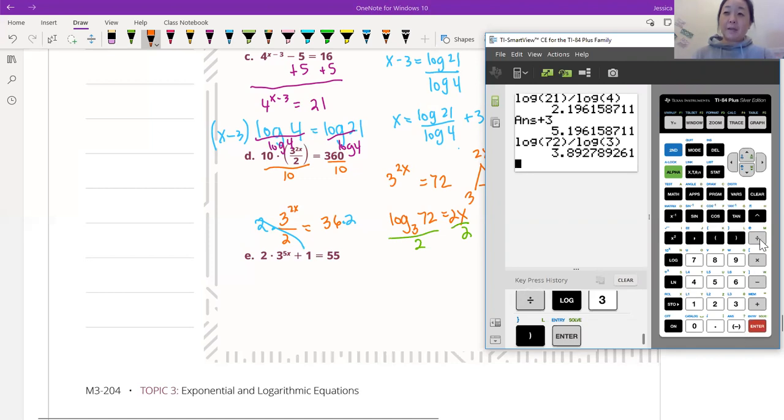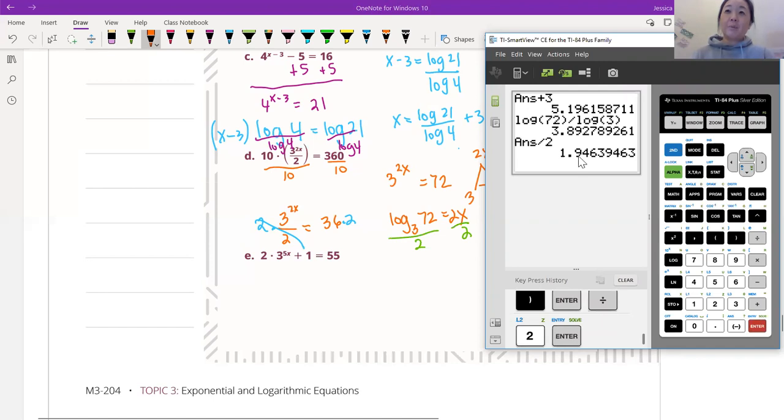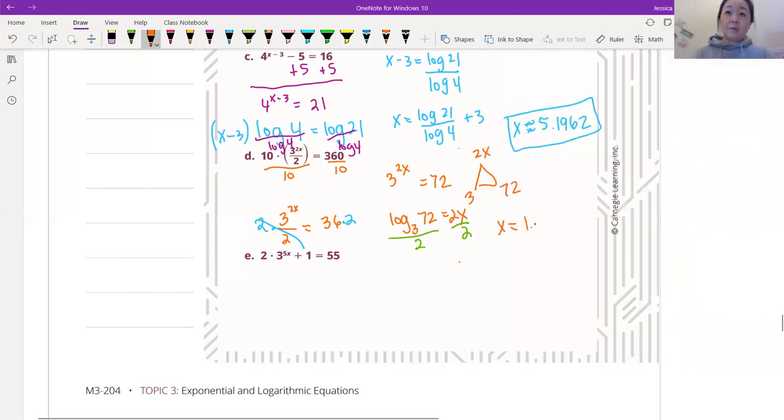That's what it is. Now I'm going to divide that by 2. See how that goes? So it's going to be 1.9464. And our last problem right here, here we go.